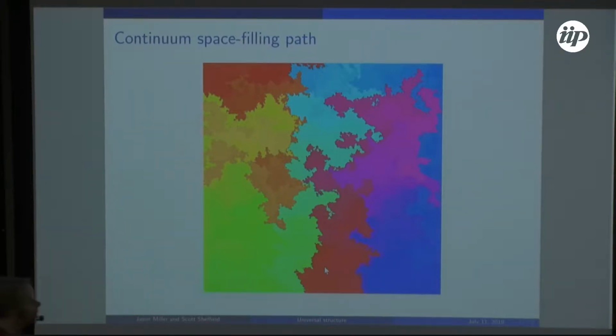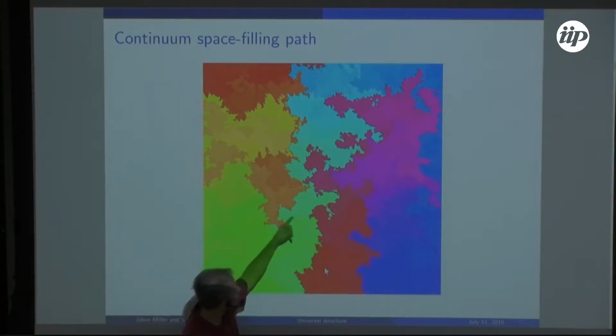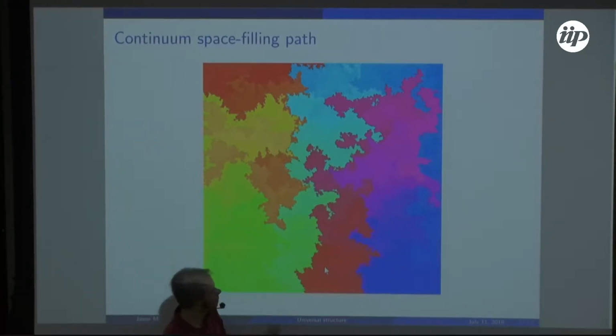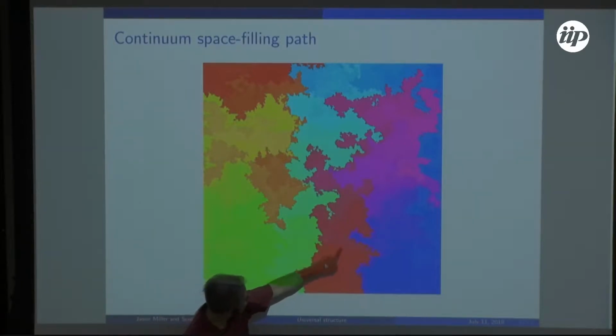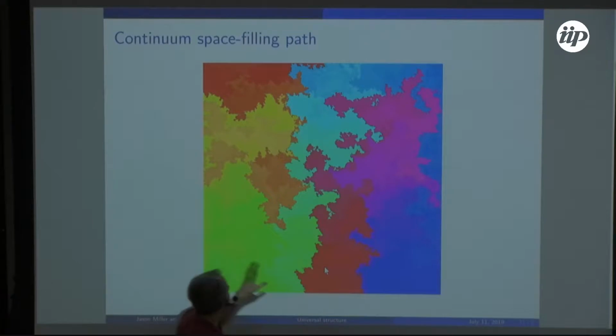Every time you see a gap where there's one color on one side and another on the other side, that means I first filled up this side, and then at a much later time in history, I filled up the other side. And when you see a subtle gap, like a slight change in hues, it means I filled this side, and then a little bit later, I filled the other side. So where it looks like maybe you weren't using enough of a spectrum of colors, maybe you only had 16 colors, no, we have a very fine resolution of colors. It just means that I came and did the other side at a slightly later time. So this is one way of visualizing a space-filling curve.